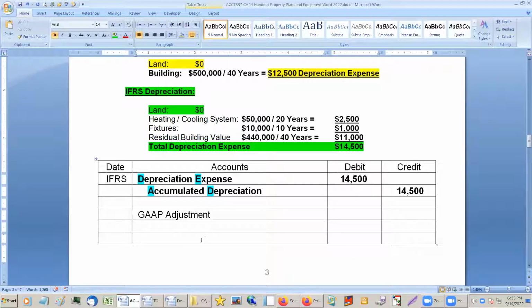So what we would do is just reverse this. We're going to take out depreciation expense, $2,000, and same thing with accumulated depreciation.